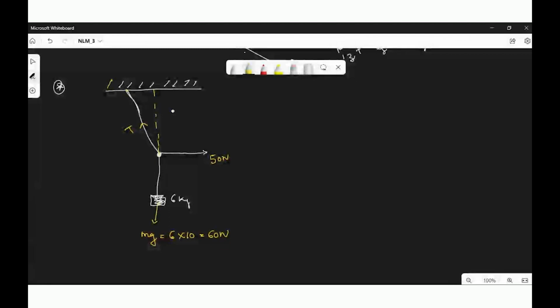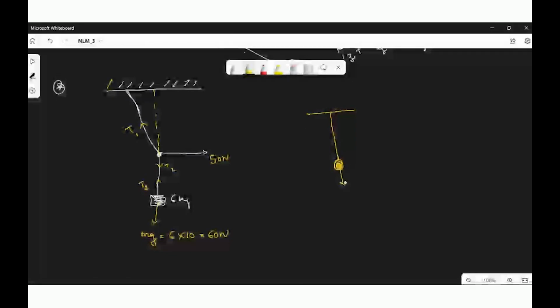I'll tell you what it is. So this is T1 and this will be T2. Imagine there is a string or thin thread, and you attach some mass to it.